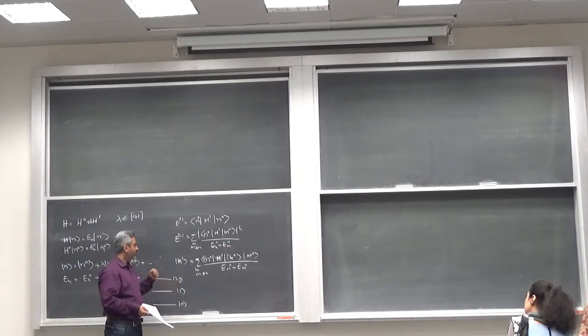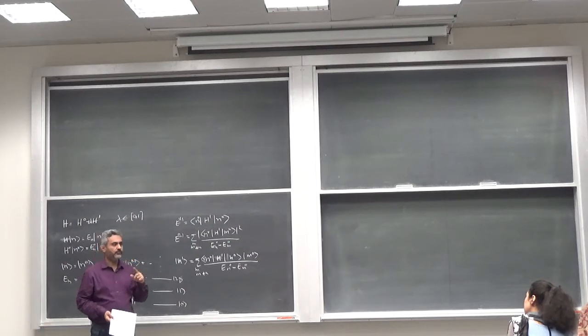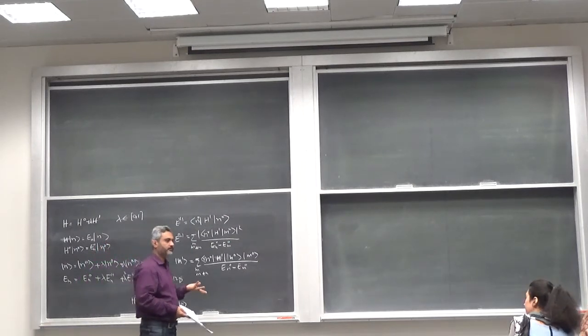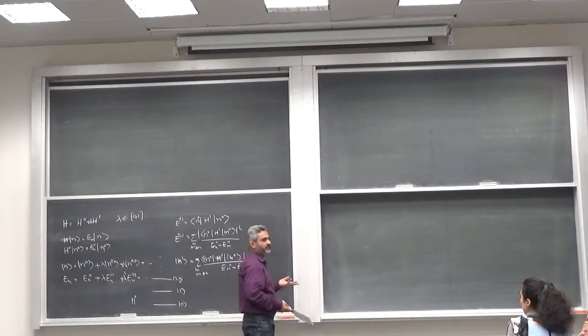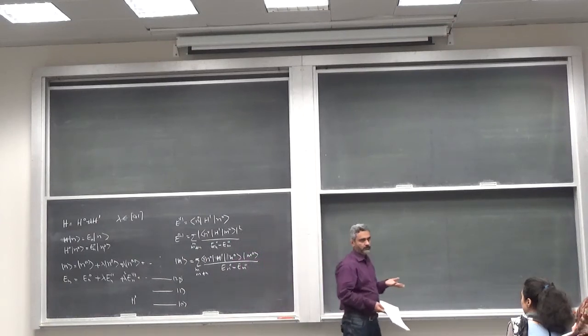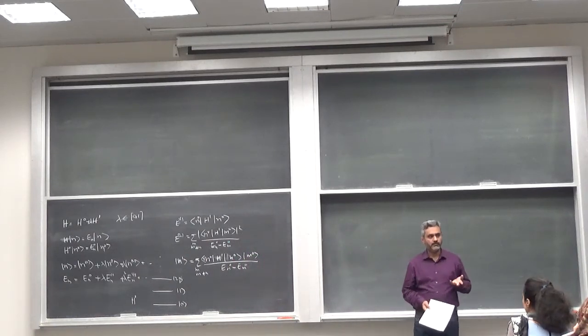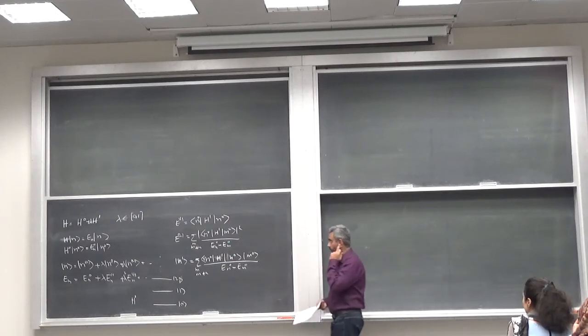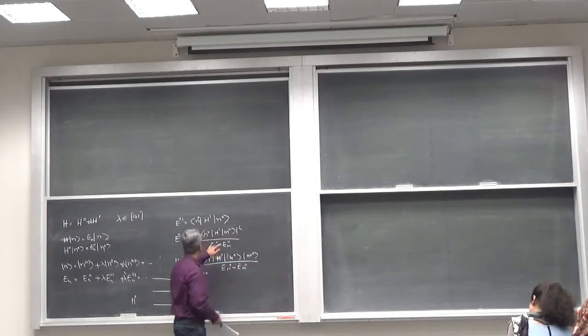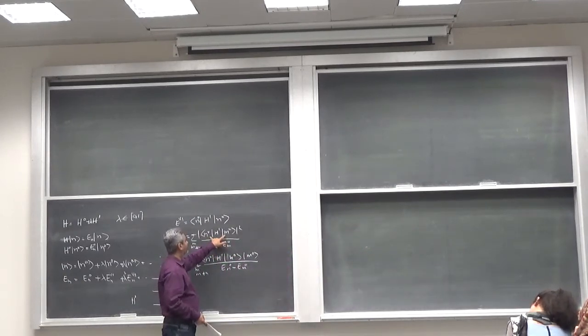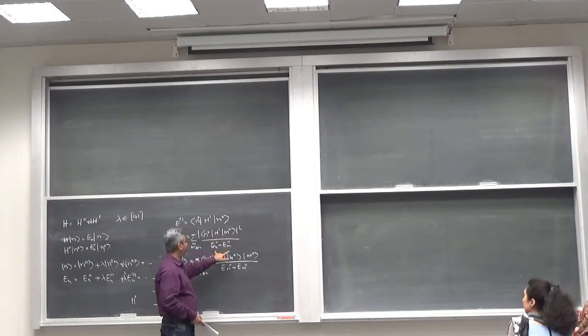Okay. Now, if that's not true, what goes wrong? Suppose that's not true. Right. So there will be two states which will be distinct from each other, but they'll have the same eigenvalue for H, the same energy, and so this will not be defined in that case.